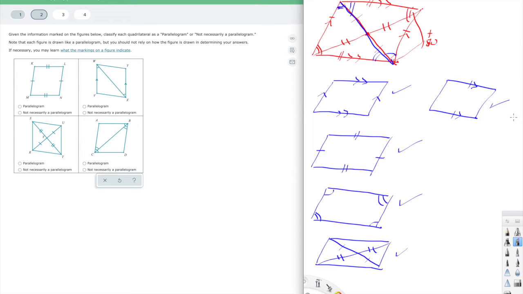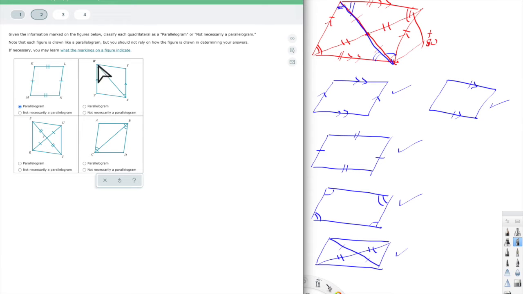So really what we're going to do is go through and look for one of these 5 properties and just match it up. So in here, I can see opposite sides are parallel. So this is a parallelogram. On this one, I have parallel, parallel, and then I have this angle here and this angle here. This is an alternate interior angle. It's going from transversal to parallel to parallel. So these are alternate interior angles.